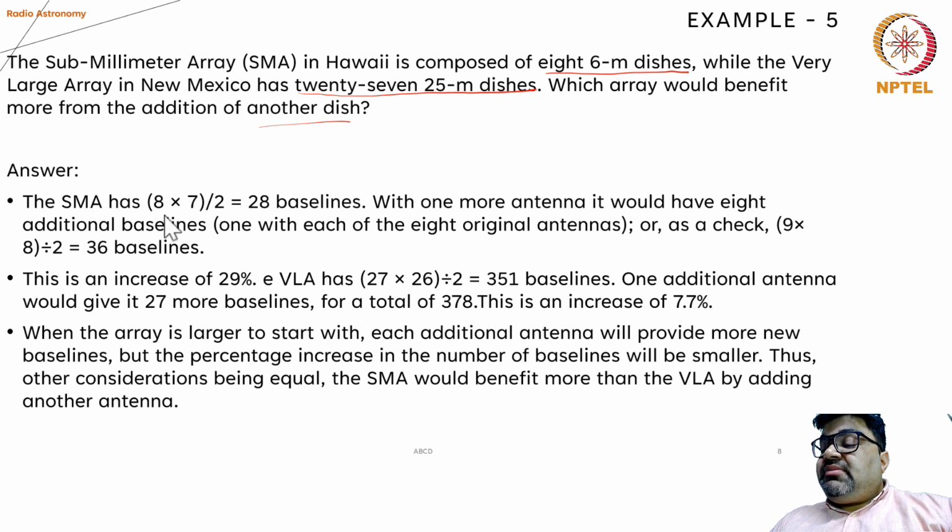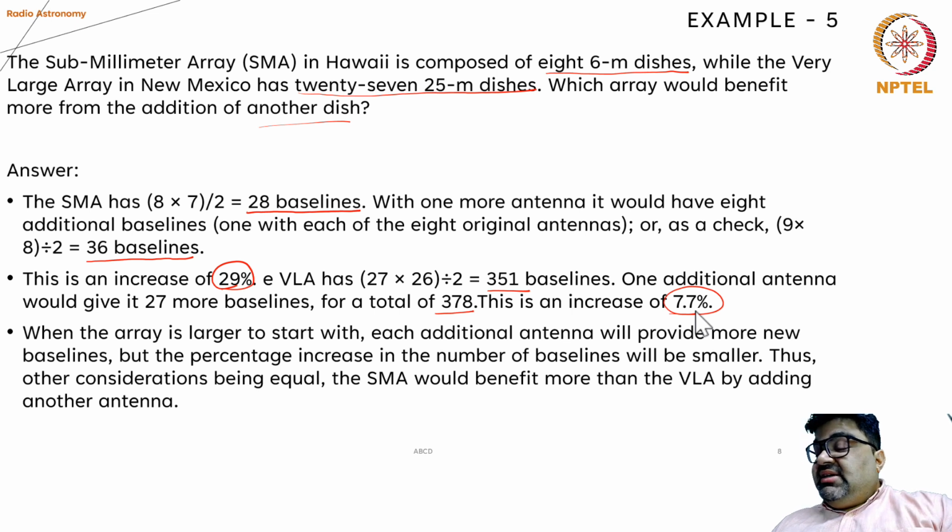Interesting problem. SMA has 8 times 7 over 2, 28 baselines. With one more antenna, it will have 8 additional baselines. So 36. This is an increase of 29%. VLA has 351 baselines. If you add one more, that will increase to 378, which is a 7.7% increase.